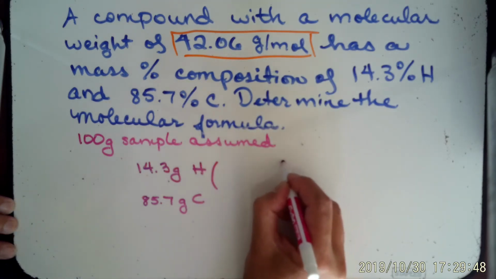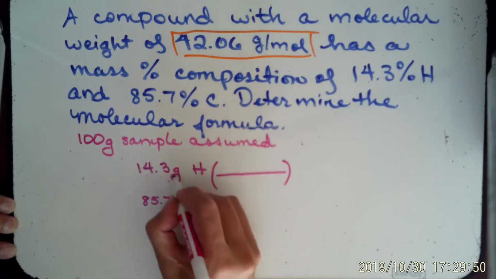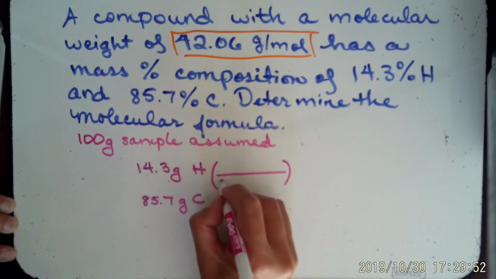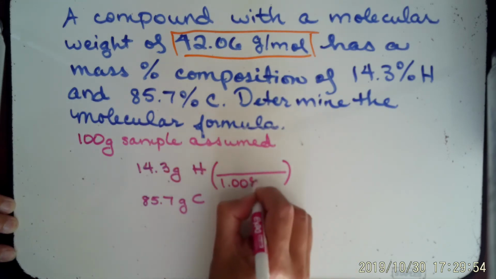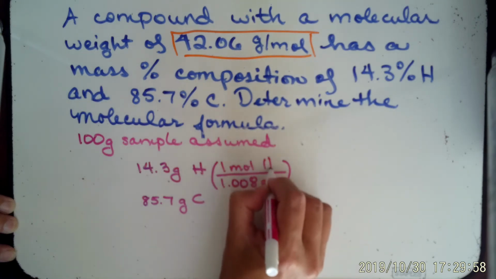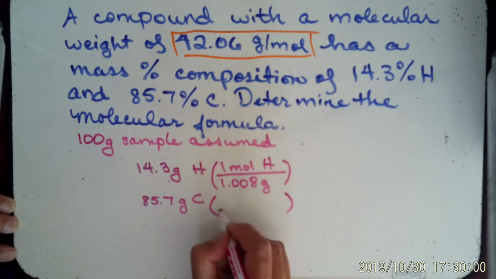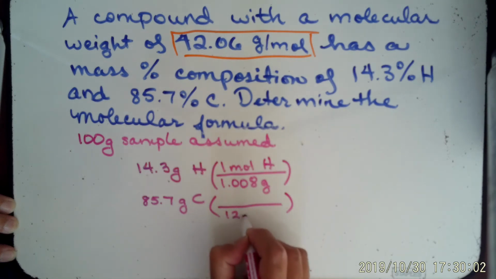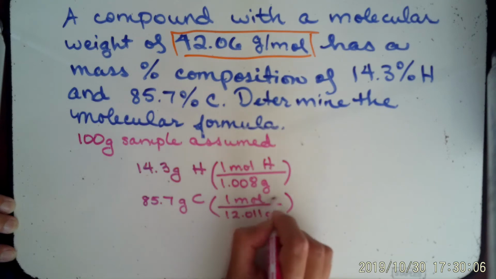Step 2, we're going to convert mass to moles. So we know it's 1.008 grams of hydrogen for every 1 mole of hydrogen. We also know it's 12.011 grams of carbon for every 1 mole of carbon.